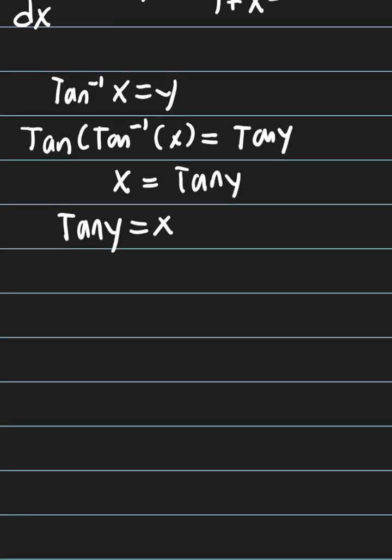So, once again, always drawing a triangle. We like to draw them. They help us visualize things. Beautiful. So we see over here, we have a right angle. Then we have our angle y, and then we have our side x. So what is tan?